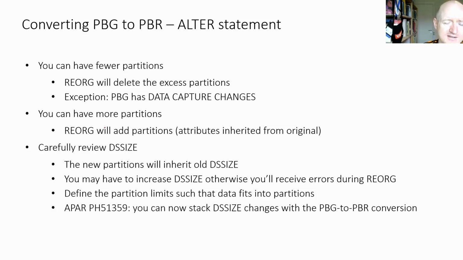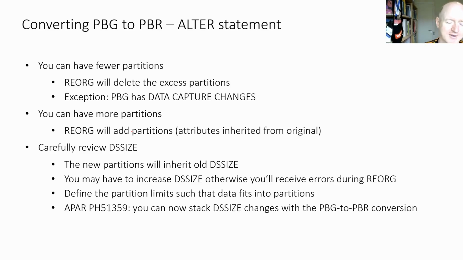You can have more partitions. In that case, REORG will add those with the attributes inherited from the original. And you might carefully want to review the DSSIZE. The new partitions will inherit the old DSSIZE, but depending on your partitioning key, etc., you might have to increase the DSSIZE to have enough space for each partition for all the data.